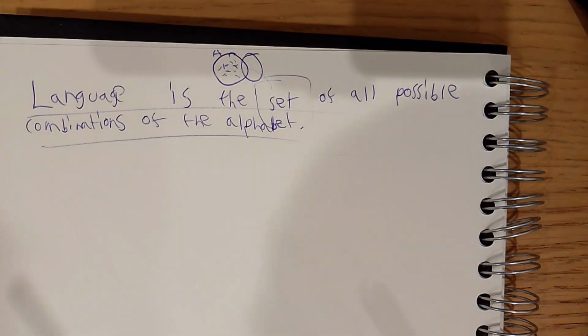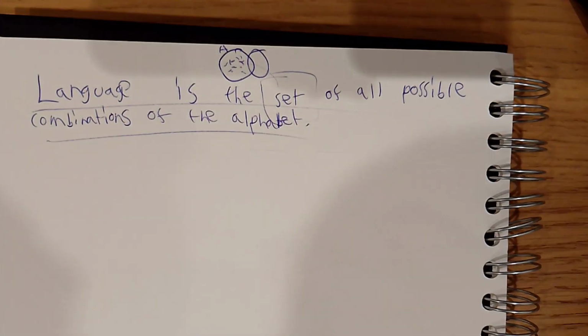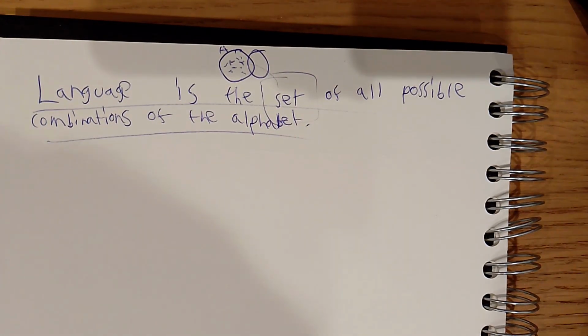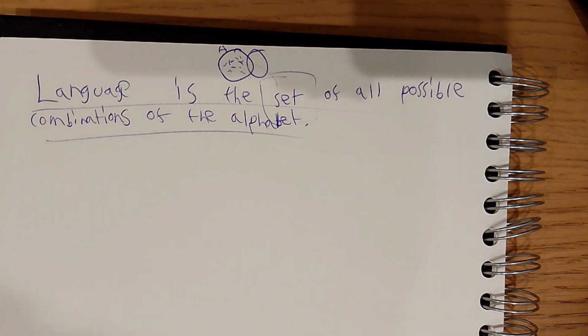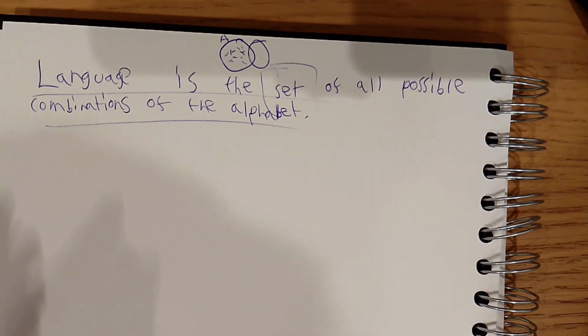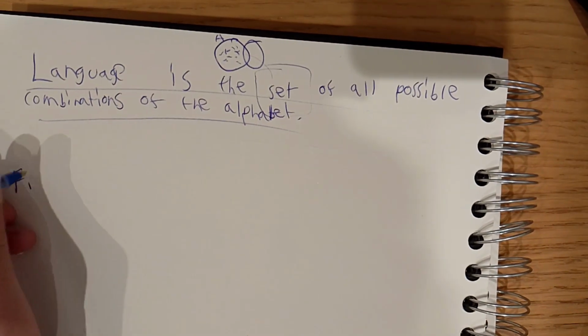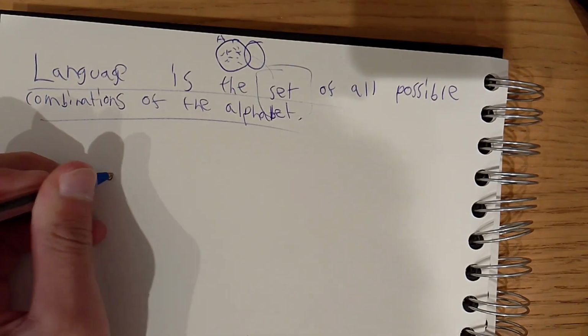So the definition is that you can have the total amount of words, the total possible amount of combinations that you can make from the alphabet. Same as how the Oxford Dictionary has probably all the words that the alphabet can make in English. I haven't read the Oxford Dictionary fully. If you want to see that, you already know what to do with the like button. Okay, so there's a formal definition to define finite automata.